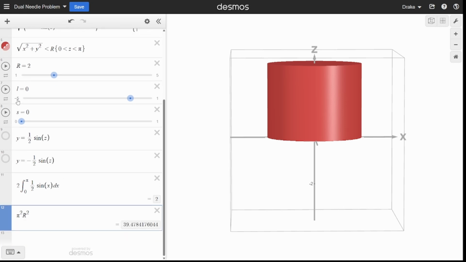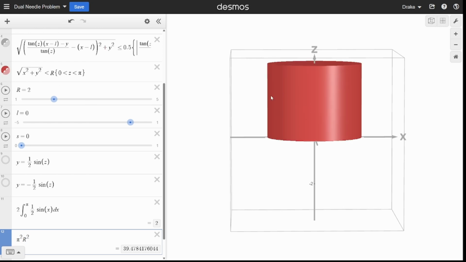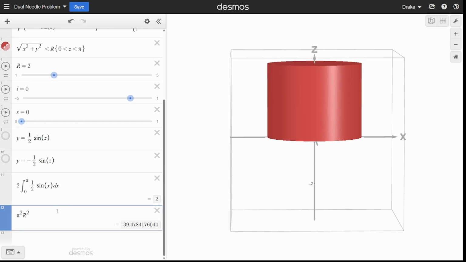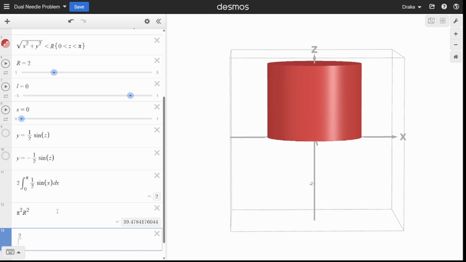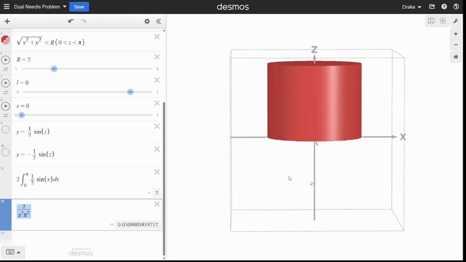And then the volume of our solution set divided by our total volume of all the different possibilities is just 2 divided by pi squared r squared. And there you go. That is the probability of those two needles intersecting, assuming a distance of r.